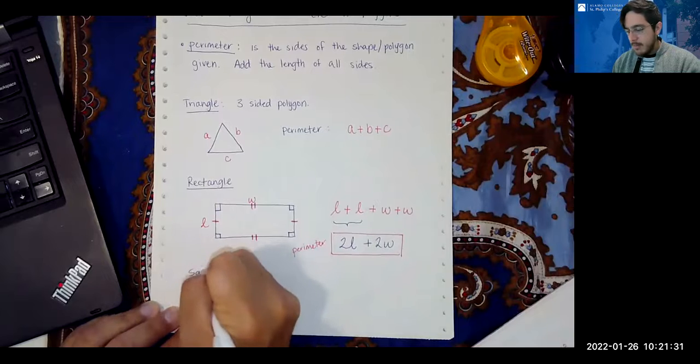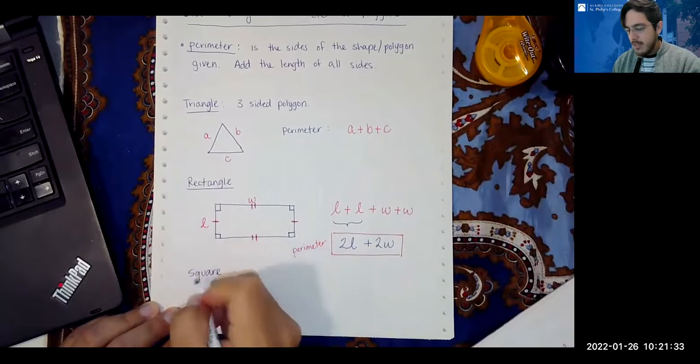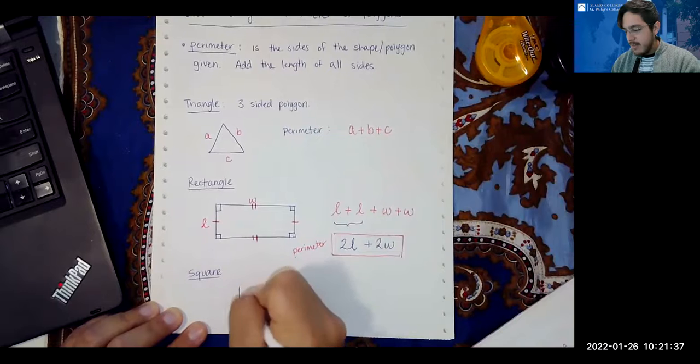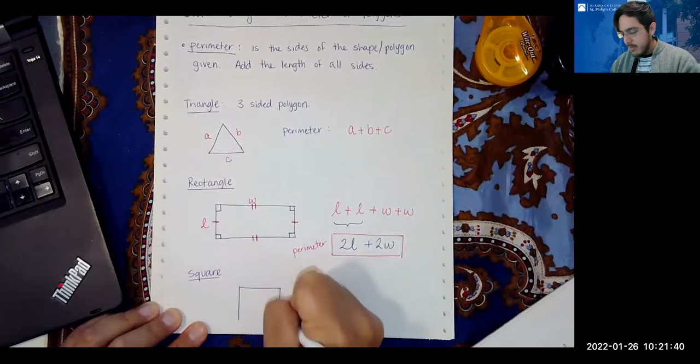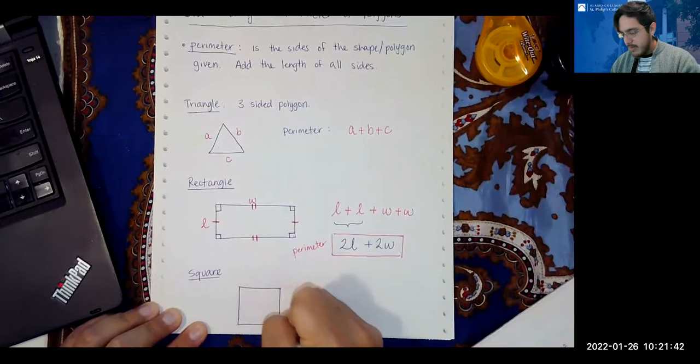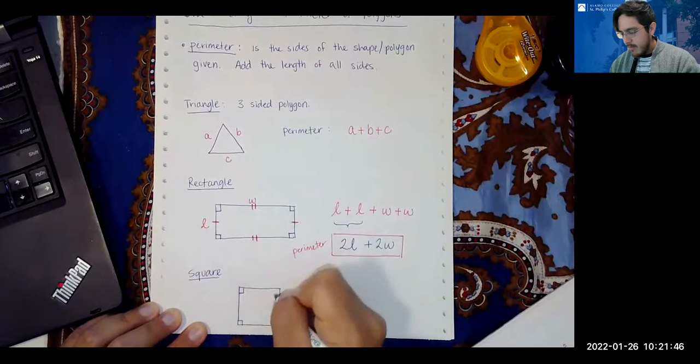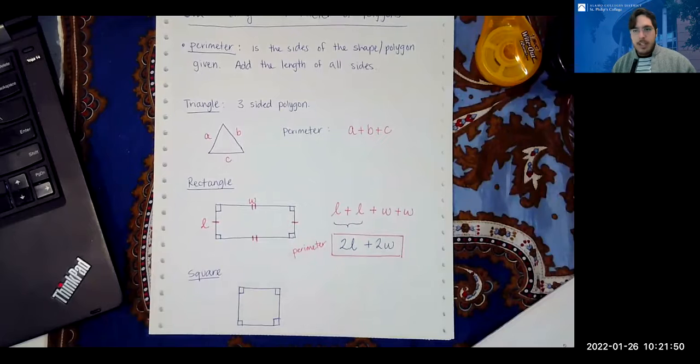A square is a perfect type of rectangle, so I'll go ahead and throw it here. I'm going to do my best to do a square. There we go. Not my best work. A square is a 4-sided polygon, just like a rectangle. The only difference is that for a square, the length is equal to the width.